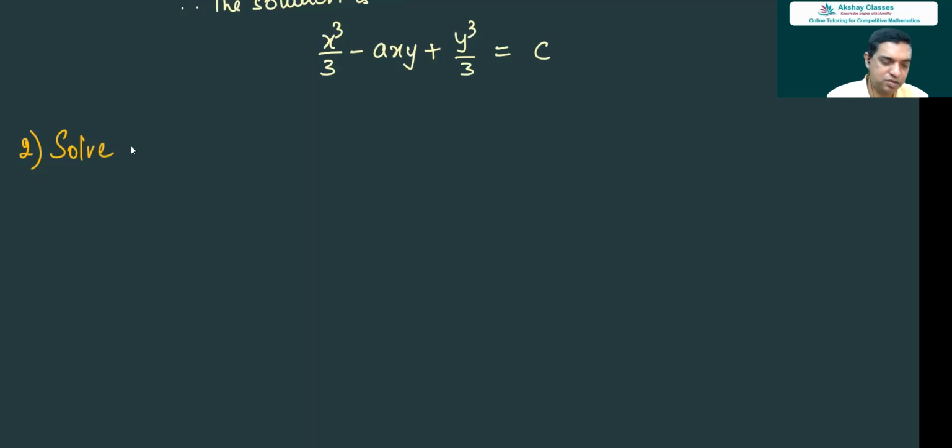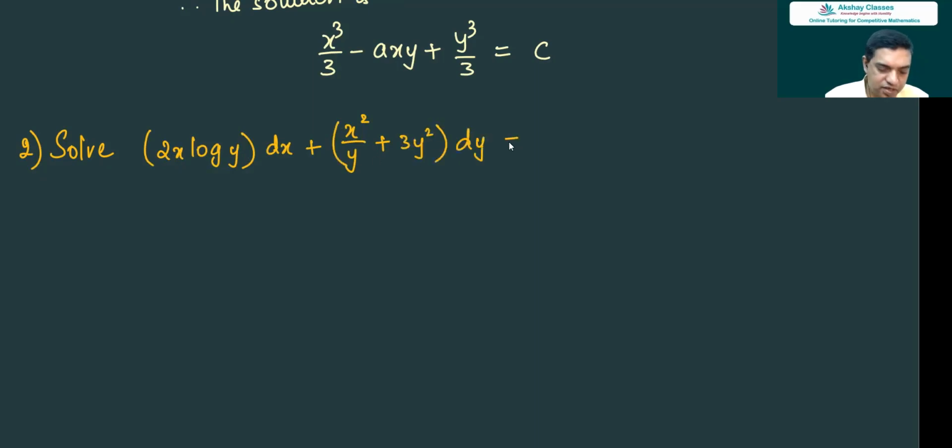Solve 2x log y dx plus x square upon y plus 3y square dy equal to 0.